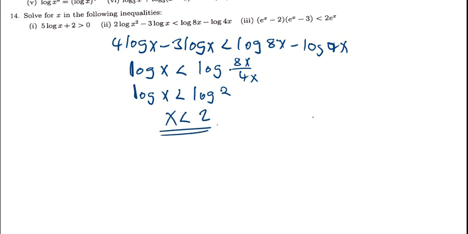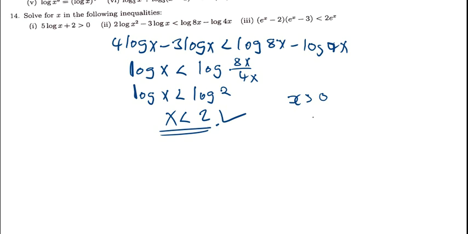That's the answer. But let's think of this. We're saying that x should be less than 2. That's very true. But again, log can only be defined when x is greater than 0, because I cannot have negative. If I just consider x is less than 2 to be the answer, and I put any number less than 2, maybe negative 1, it's going to be undefined.